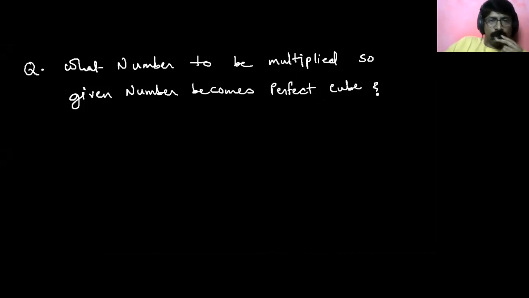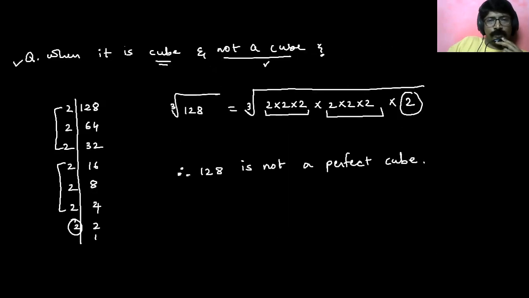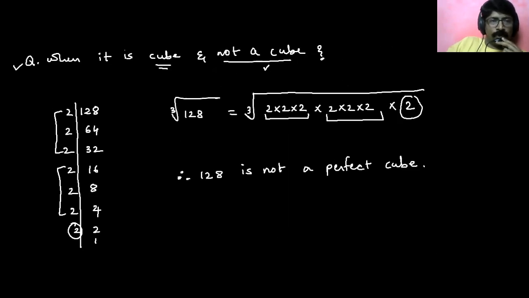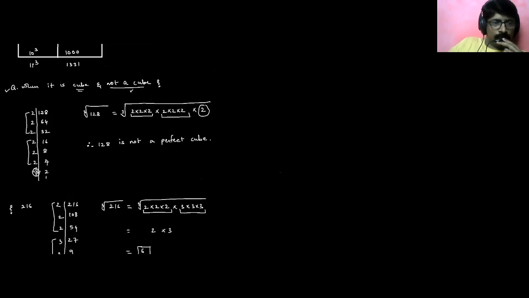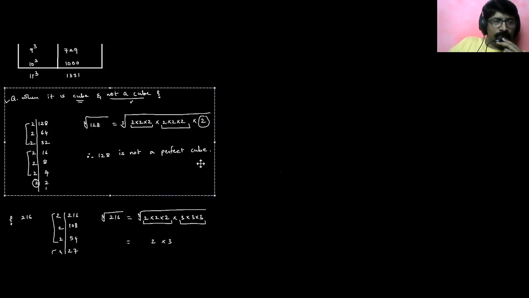So, what's the concept, guys? What number is to be multiplied so that the given number becomes a perfect cube? So what I'm doing, guys, I'm just copy pasting this question over here so that the concept will become perfect with you all. Copy, and I'm just pasting it over here downside.